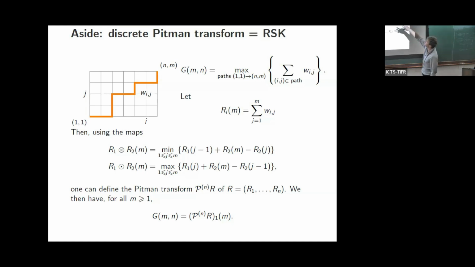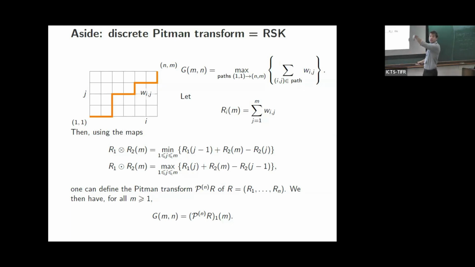So here on the top of this slide, I've just copied again my m by m grid, the definition of my last passage time, and I will introduce some functions: R_i of m will be the sum of the weights along columns. So I define R_i, partial sums of the weights along columns.